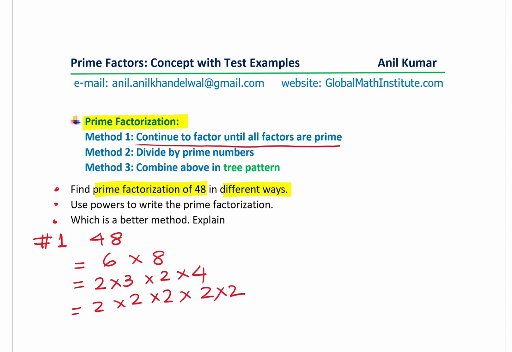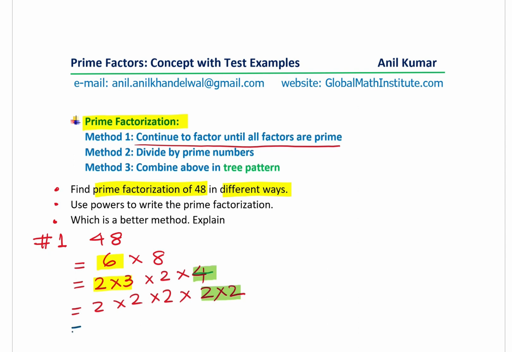Did you see how we wrote that? Earlier, 6 we wrote as 2 times 3. So we got the prime factorization done.